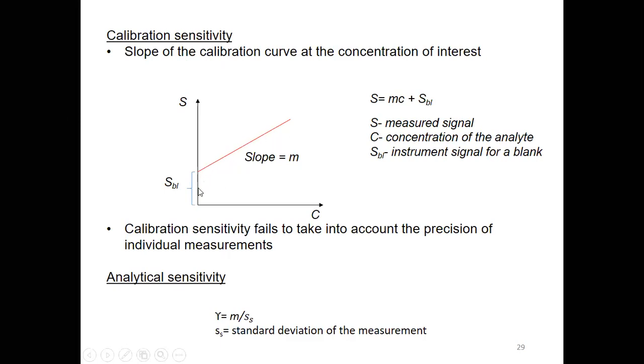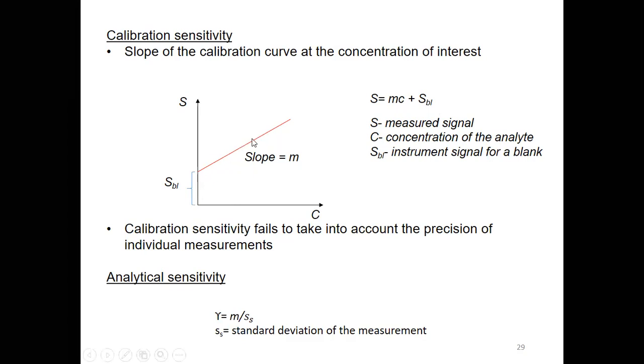So we will not be able to take the precision of each and every individual measurement by looking at the calibration sensitivity. So it fails to give an idea about the precision of individual measurement.